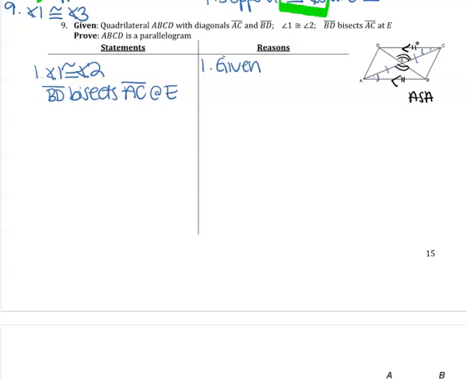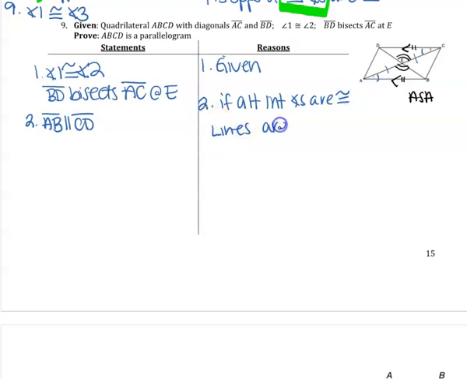All right, so first thing I'm going to tackle is those parallel lines. So let's say it's step 2 that AB is parallel to CD if alternate interior angles are congruent, lines are parallel.